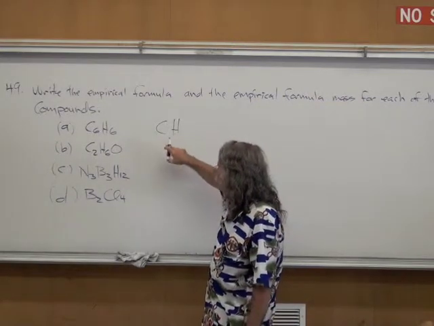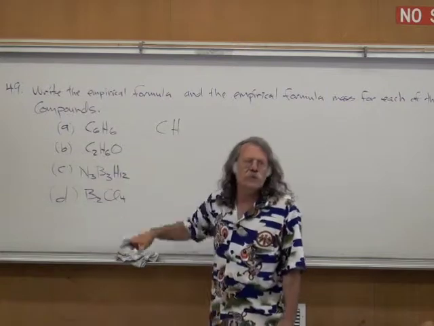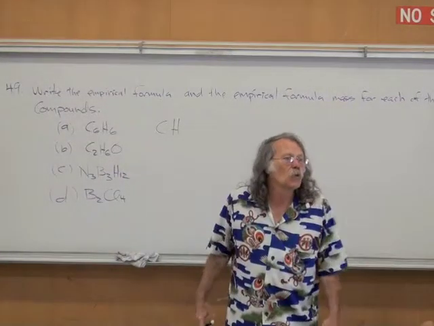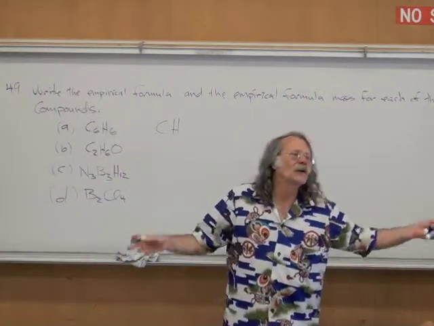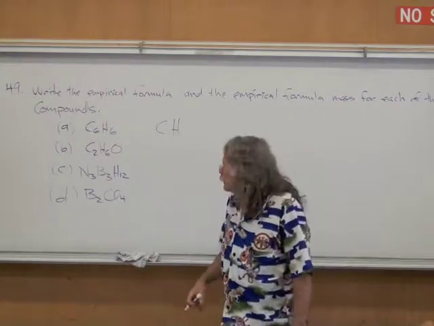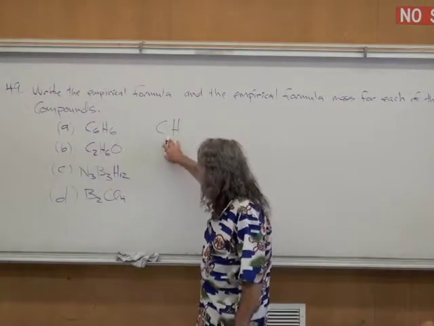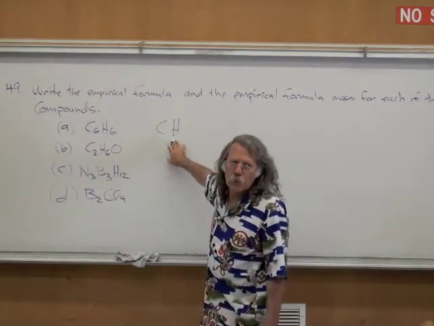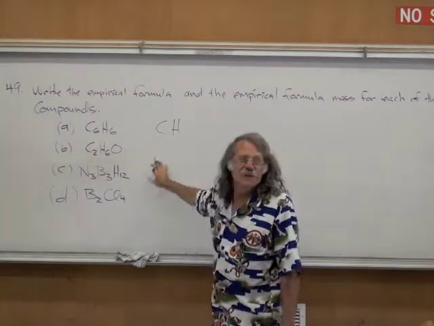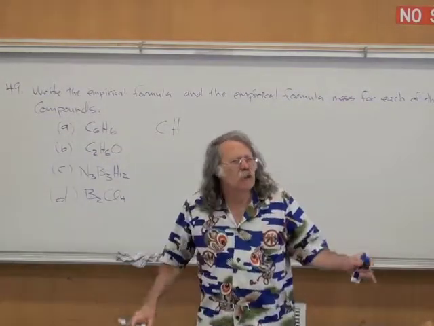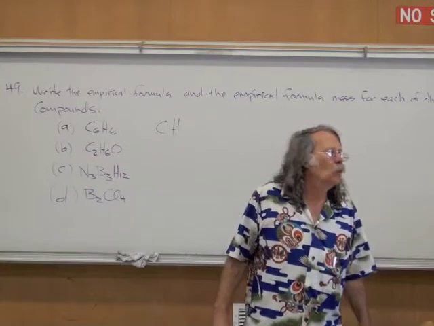But carbon has roughly 12 grams per mole, 12.011 if you're looking at the periodic table. And hydrogen is going to be around 1.0079, roughly around 1 gram per mole.